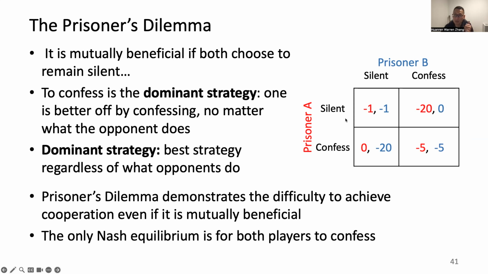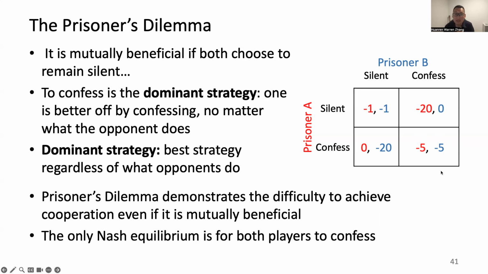Think about what the likely outcome would be in this game. I know some of you have already taken game theory, so this is probably the first game that was introduced in game theory. Right? So you know the Nash equilibrium is for both prisoners to confess.